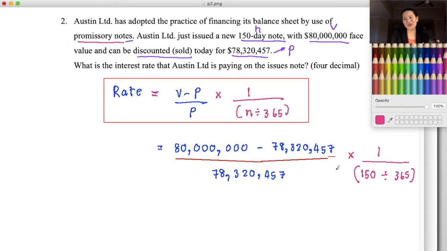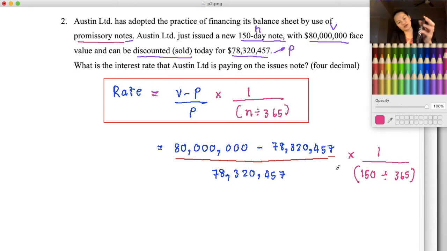Now time for your favorite part, the calculator. 80, 0, 0, 0, 0, 0, 0, minus 7832047, and then divided by 7832047. This one, and then I get the answer.